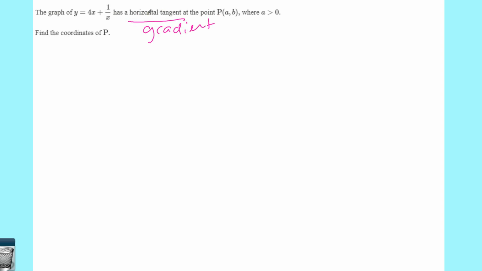If it's a horizontal tangent, that means the slope is horizontal, which is 0. So let's find the gradient or the derivative of y. That's going to be 4 minus x to the negative 2.